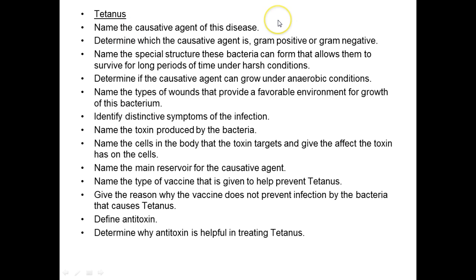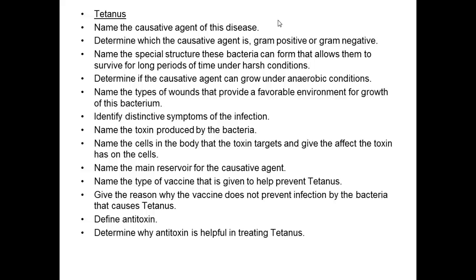So what's the name of the causative agent? Clostridium tetani. Is the causative agent gram-positive or gram-negative? Gram-positive. What special structures do these organisms form that allow them to survive for long periods in harsh environments?